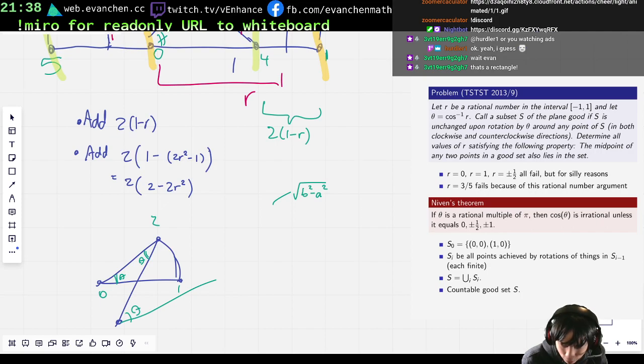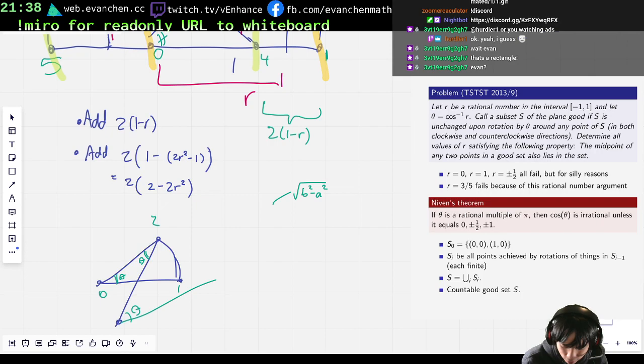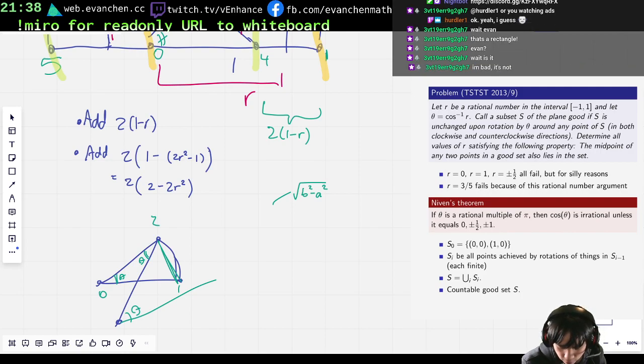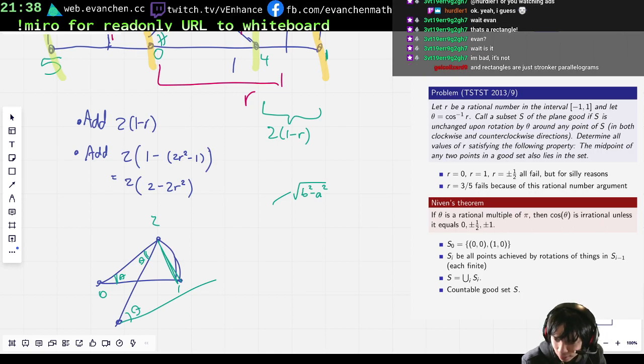Does that end up? Oh, is it just a rectangle? Right, okay, this angle is... No, it's not. What? No, it's not a rectangle.